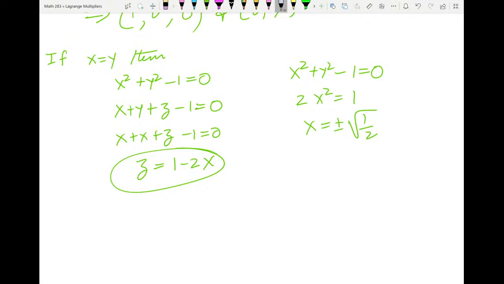So plug this information right over here, and you get what? Now here's the tricky part. z equals 1 minus plus root 2. Pay attention to this part.